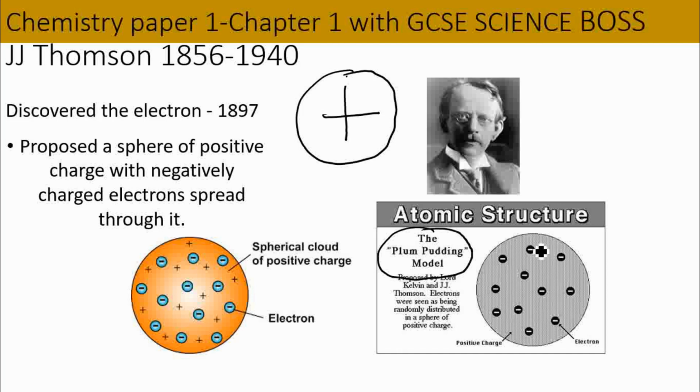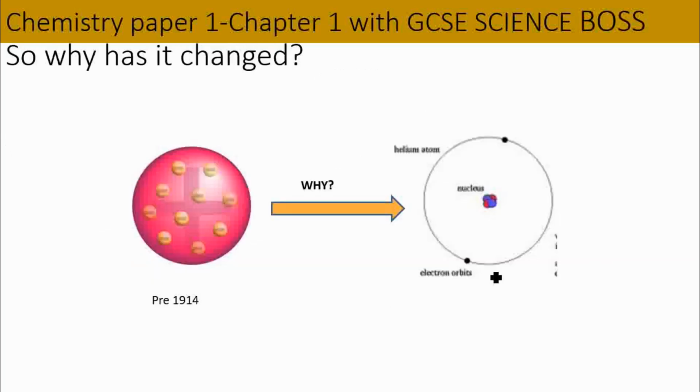So the electrons are the plums, quote unquote. Don't mean that they're actually plums, okay? Those would be your electrons, and this would be your big positive sphere, okay?